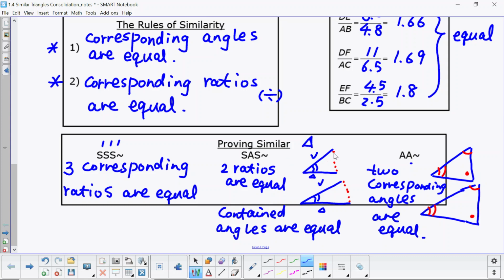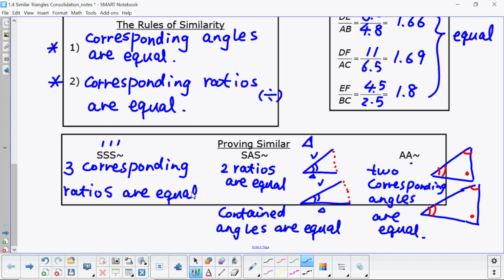Or if you measure one angle and they are equal, and the ratios of the sides around it are equal, then these two triangles will be similar. And the last one is, as long as you have two corresponding angles equal in two triangles, then these two triangles will be similar.